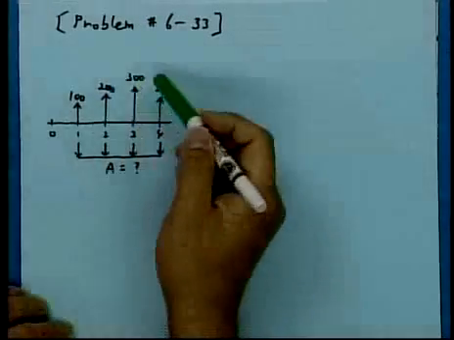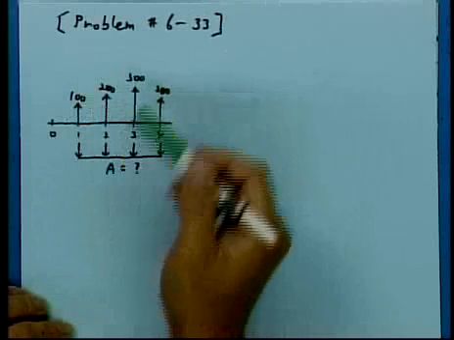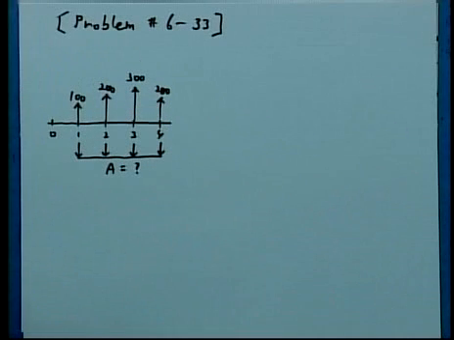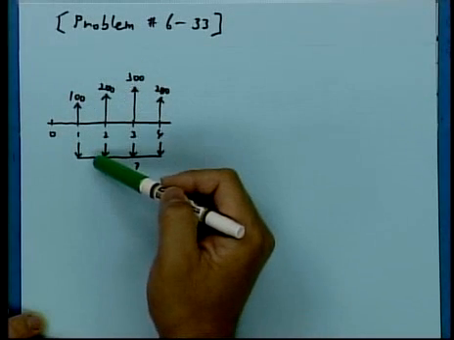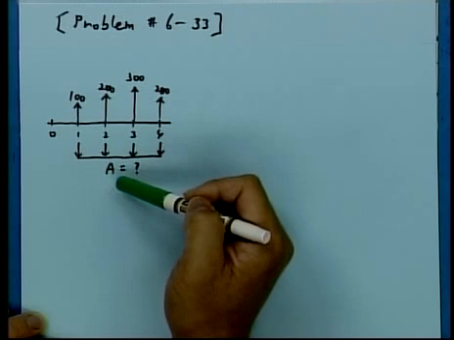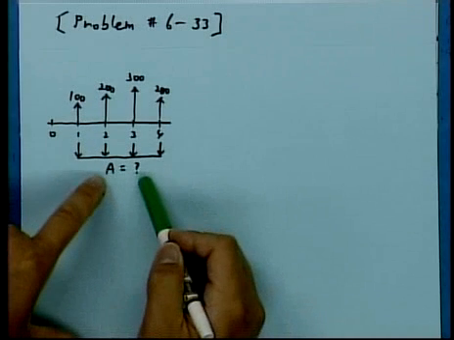This pattern repeats infinitely. So we just need to convert this repeating series to an equivalent uniform annual benefit, which will give us the value of A here.